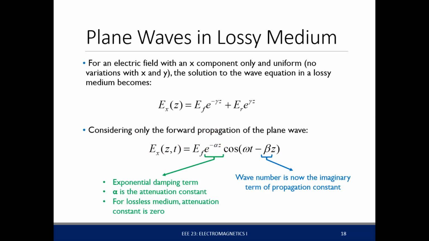We call this the damping constant. Because of alpha, there is damping. So alpha is the damping constant, or more formally known as the attenuation constant. For a lossless medium, there is no attenuation, therefore alpha is 0.